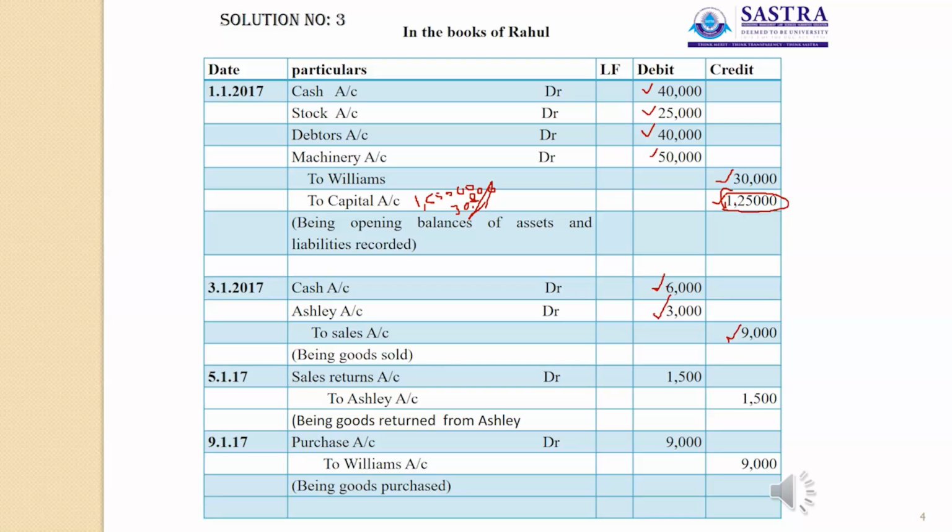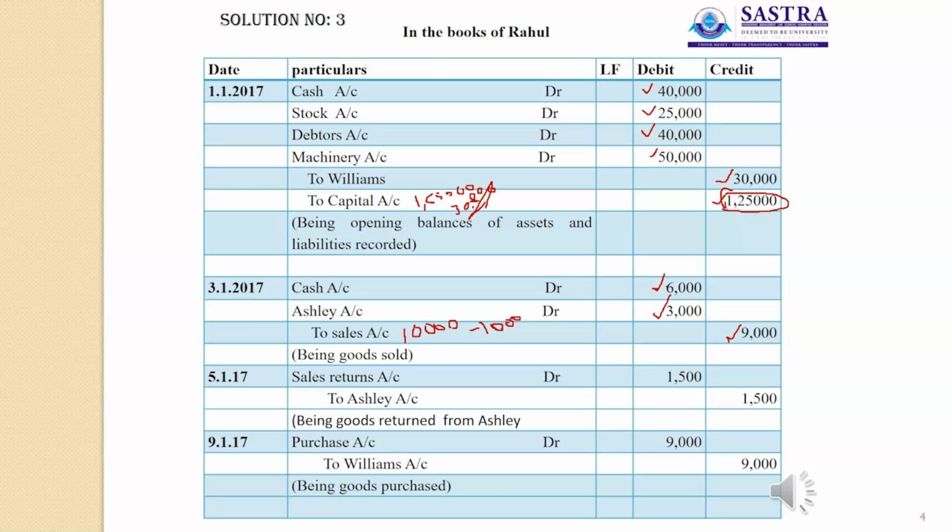Here 10,000 is the value of goods. Out of 10,000, they allowed a trade discount of 10%. 10% of 10,000 is 1,000 rupees.